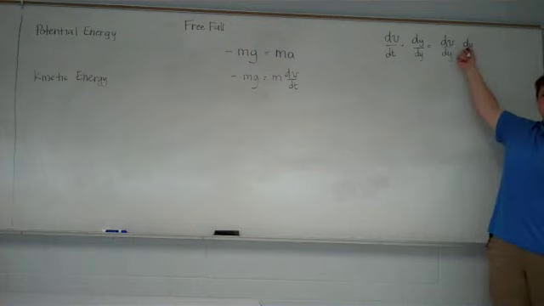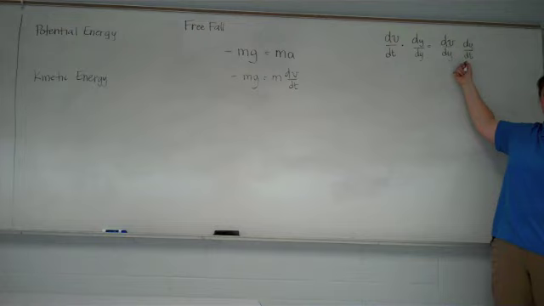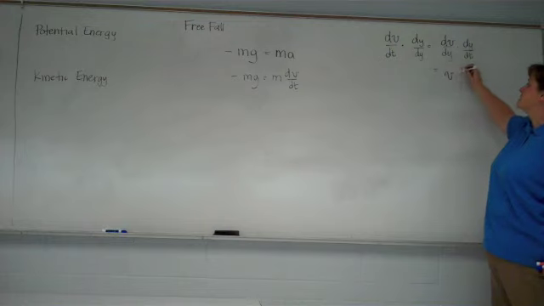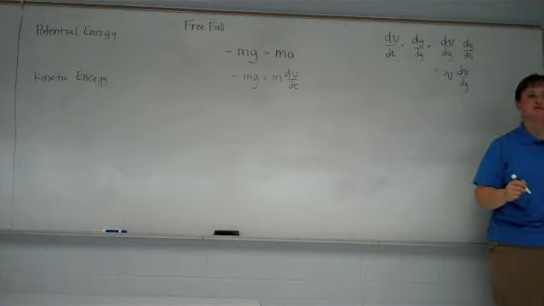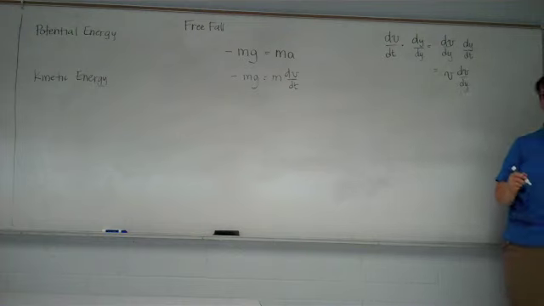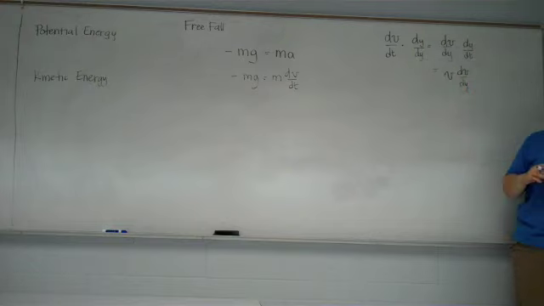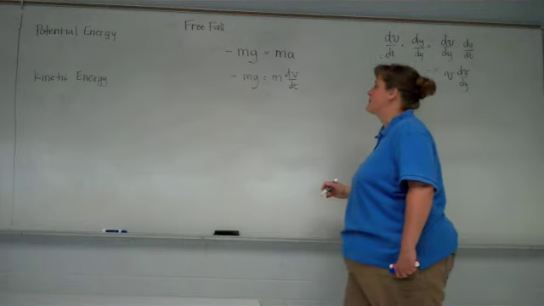So the derivative of position with respect to time is what? Velocity. So this is basically velocity times dv dy. My time's gone. Now, it's certainly embedded within the velocity, but the variable time is gone from my equation. So in place of dv dt, I'm going to put in v times dv dy.